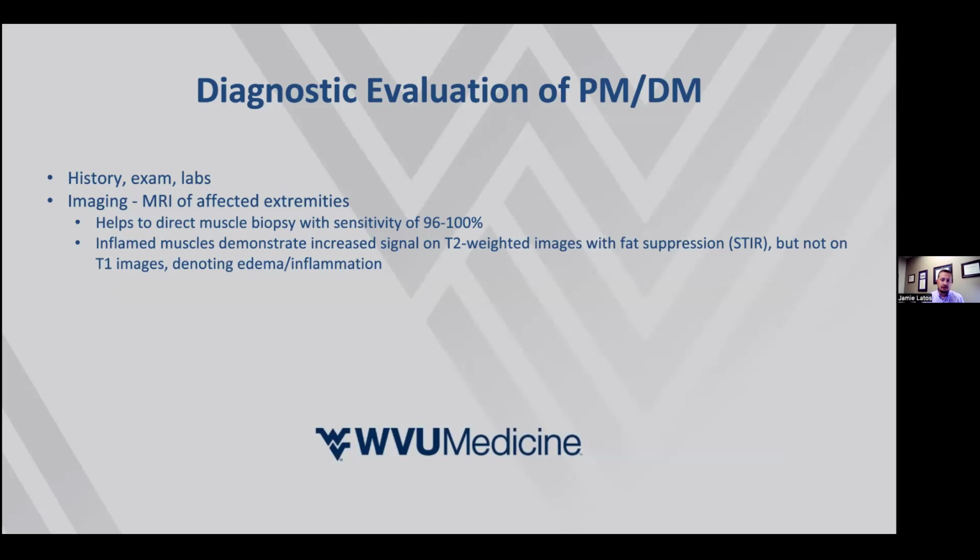But a lot of your information can come from good history taking and clinical exam. Again, not just asking whether the patient feels weak, but are they actually weak on exam? Is their muscle strength 3 or 4 out of 5, primarily affecting proximal musculature rather than distal?